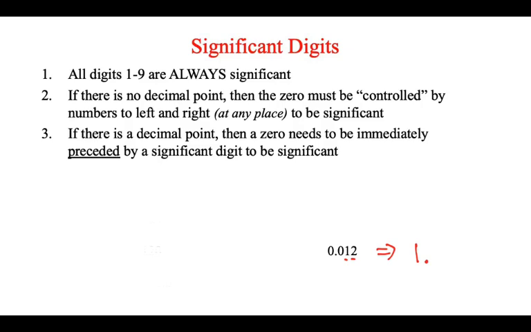Decimal point 2 times my power of 10. Okay, the power of 10 is telling me where to slide the decimal point. Okay, the best way to do this is see where the decimal point is. How far did I have to move it to get that 1? I just move it 2 places, so it is 10 to the second.